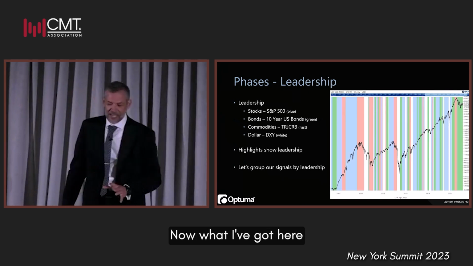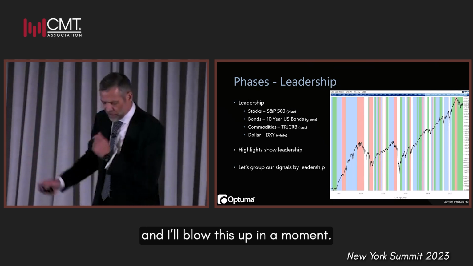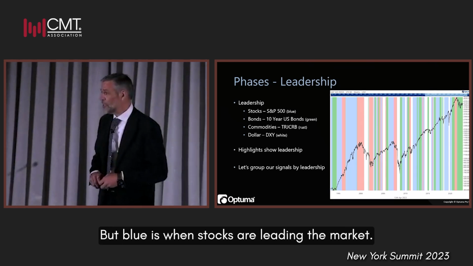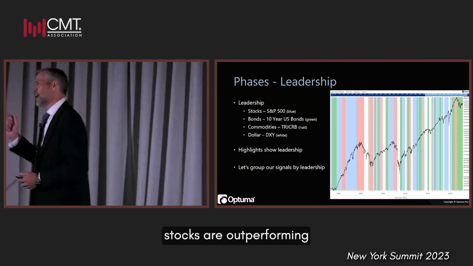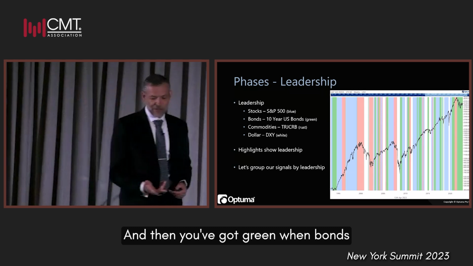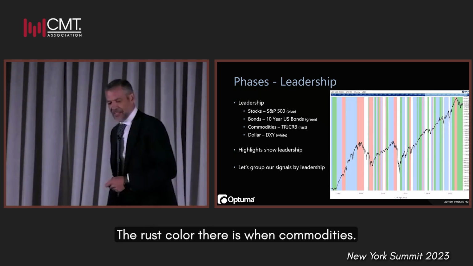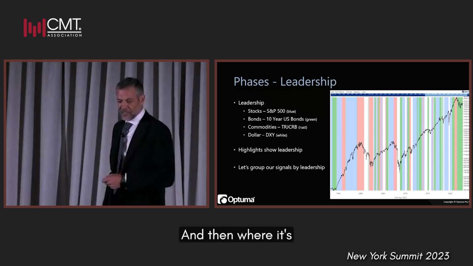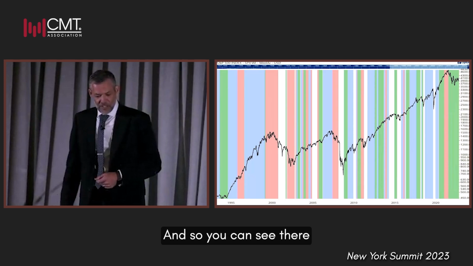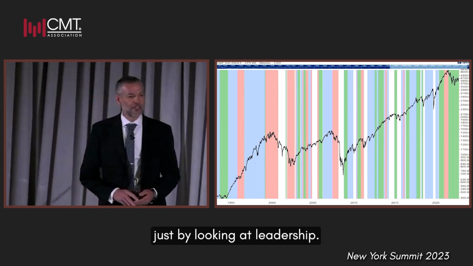Now, what I've got here is the result of that work. So this is 30 years of data, and I'll blow this up in a moment. But blue is when stocks are leading the market. Now that means that stocks are outperforming all other asset classes. And then you've got green when bonds are the leader. The rust color there is when commodities are, and where it's white is when the dollar is. And so you can see some pretty interesting things jump out just by looking at leadership.